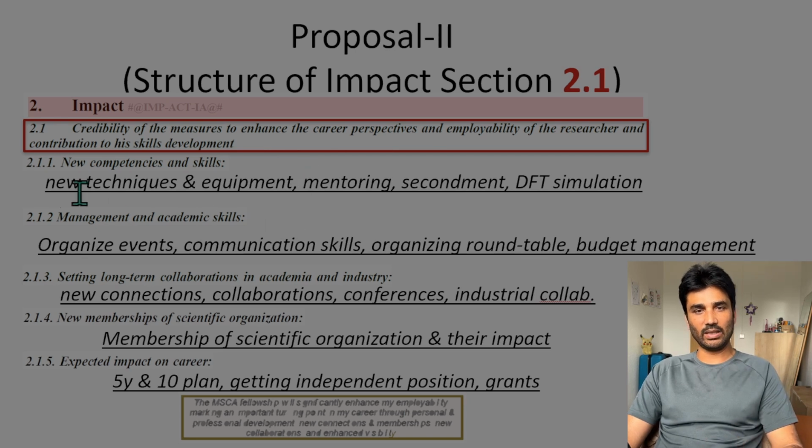In this I made a subsection, where I wrote the new competencies and skills that I will acquire. For example, I researched my host lab, what techniques and equipment they are using. I have not used them in my PhD, so I wrote the names of those techniques and equipment that I will use and learn.